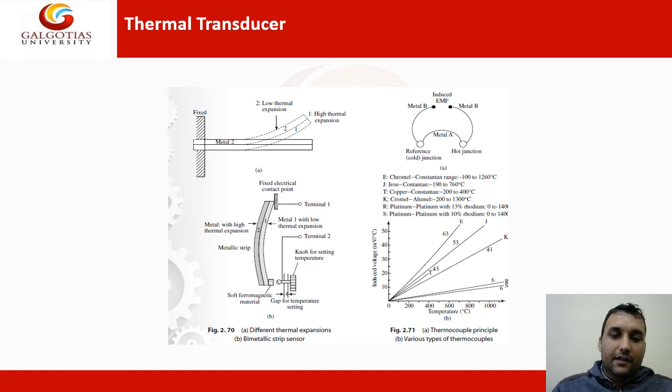The second part is the bimetallic sensor strip. When there is a material B and this is material A, a couple is formed, and then the induced EMF is measured using the hot and cold junctions.